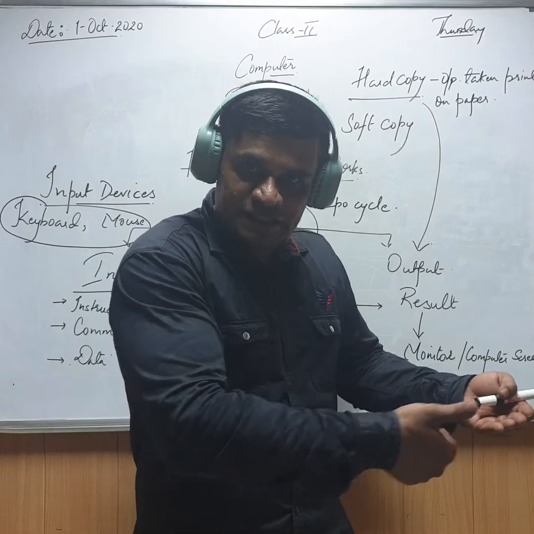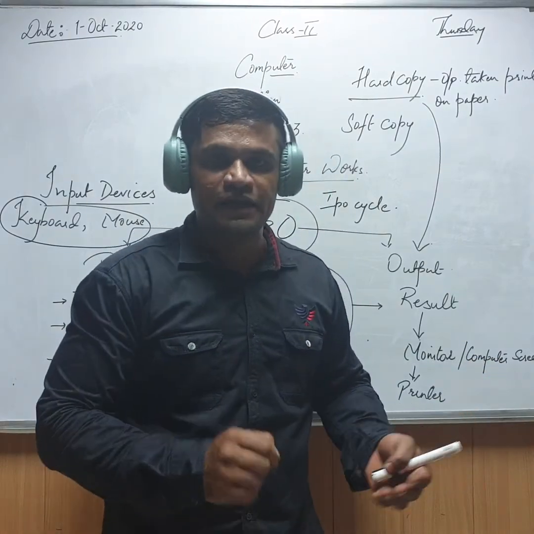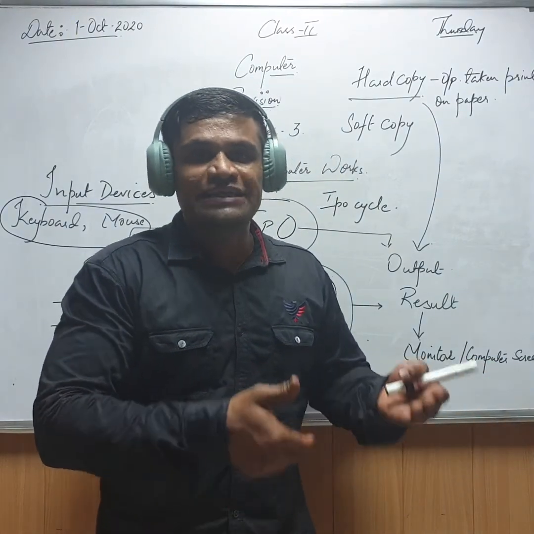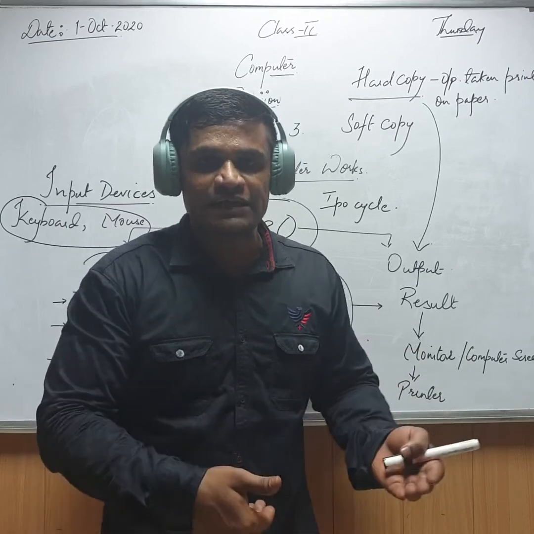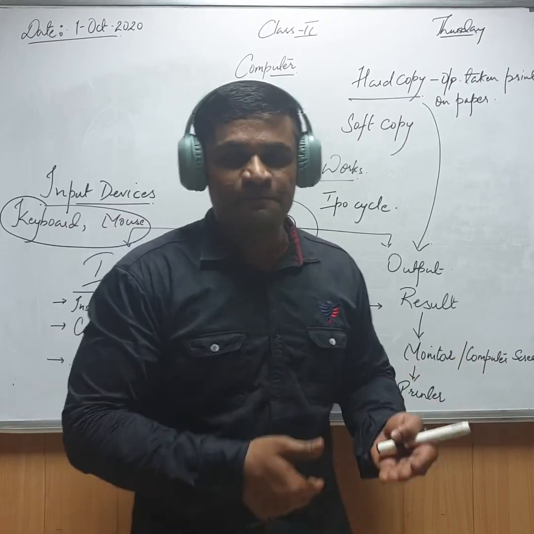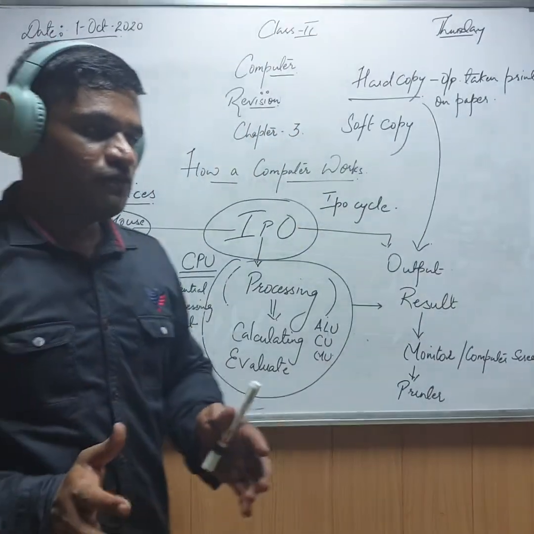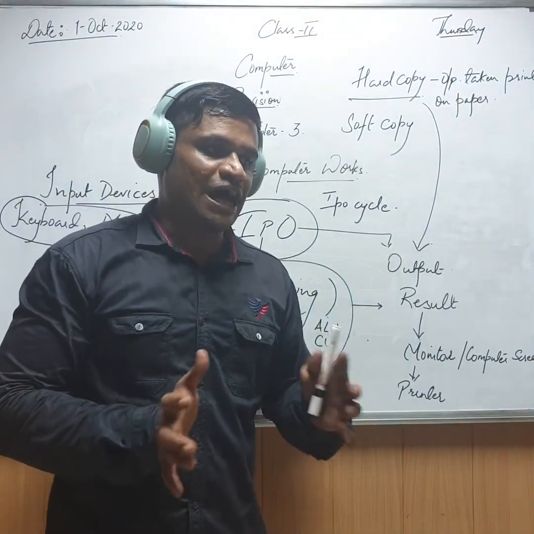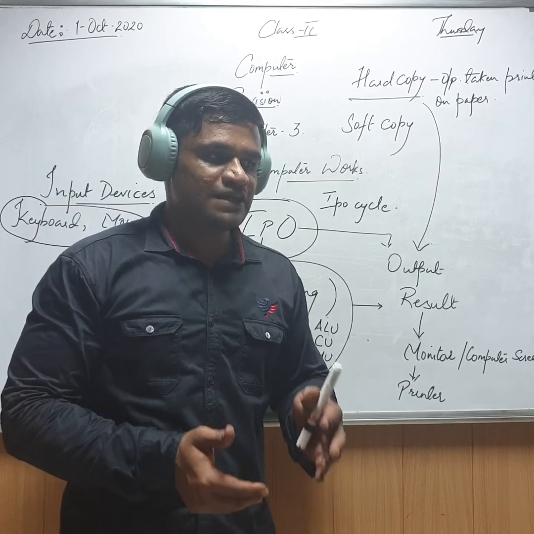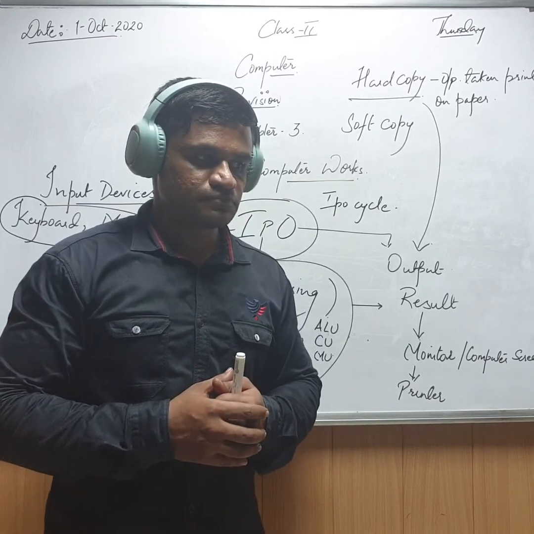So when that page comes out on which the content is printed, that page on which the output or the result is printed is known as hard copy. That means if we take out the print of the output on a paper, it is hard copy.